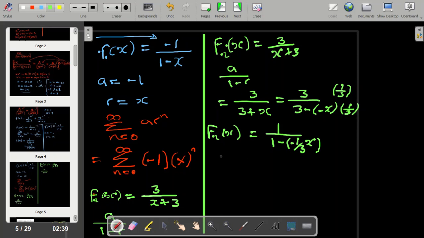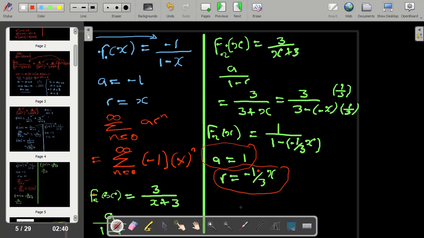So we can see from here that our a value is equal to 1, and then our r will be equal to negative 1 over 3 of x. This will be our r value, and this is our a value.